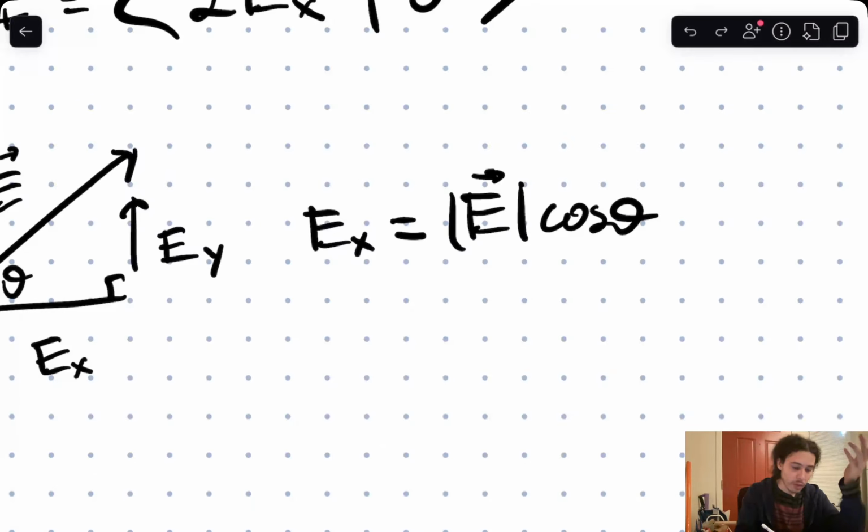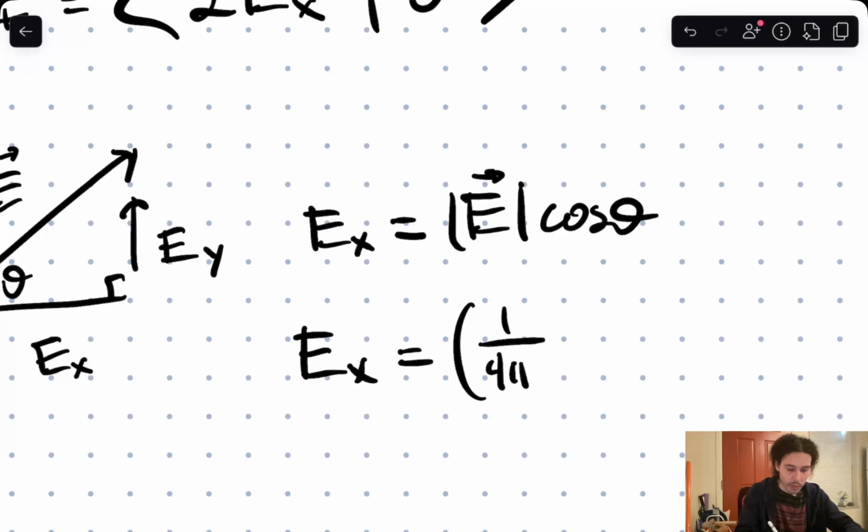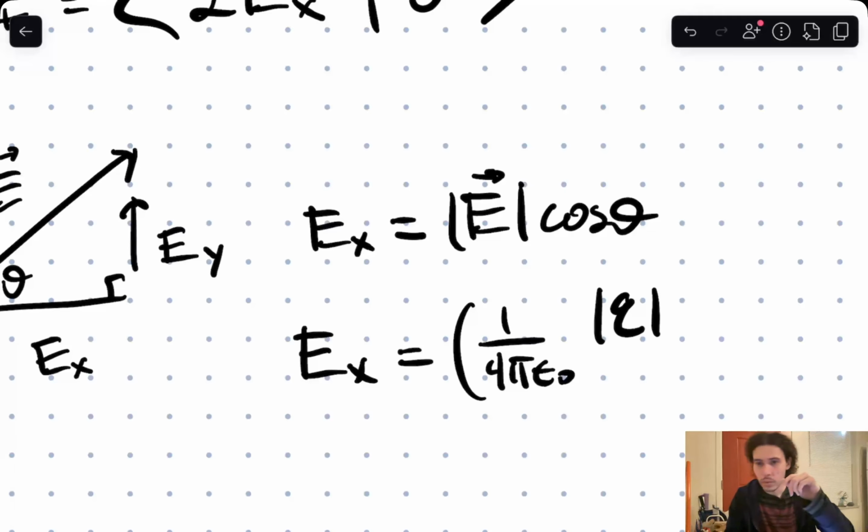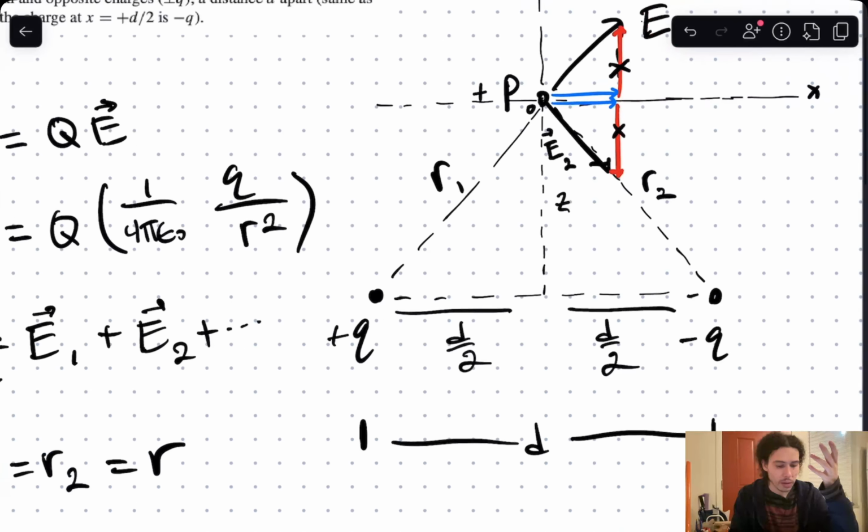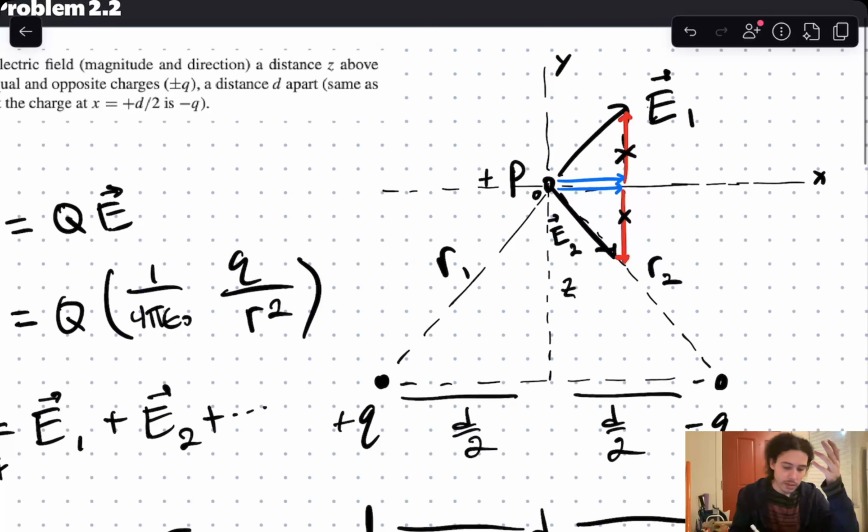Magnitude of the electric field for point charges, at least, goes as 1/4 pi epsilon naught, absolute value of Q over r squared. Reason being, we don't really care too much about these signs in this case, just because we've done the geometric work to know where the electric field will go.